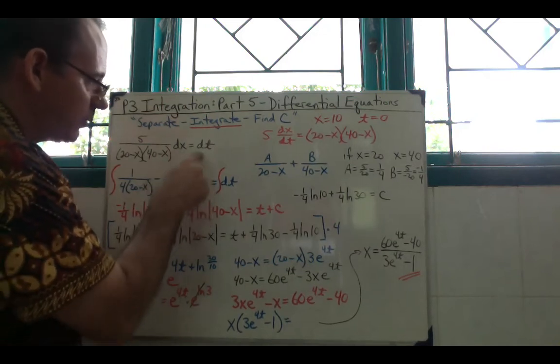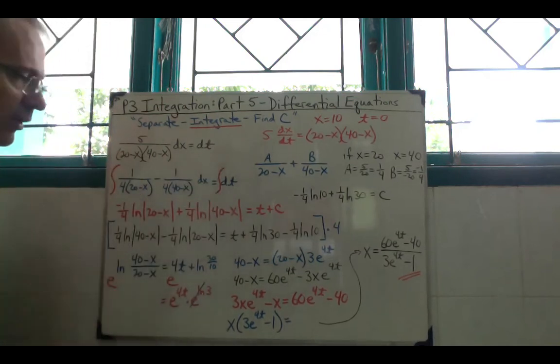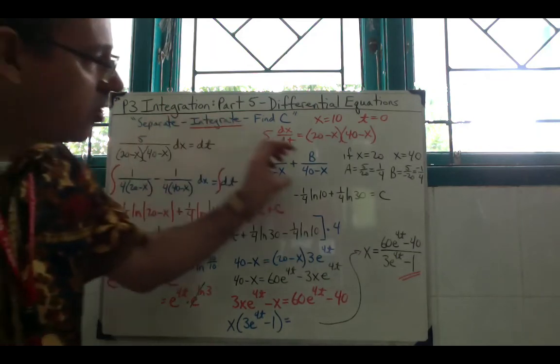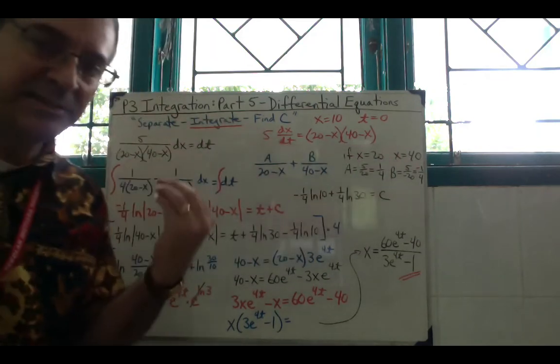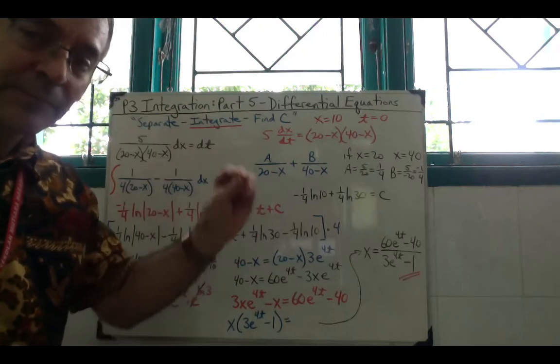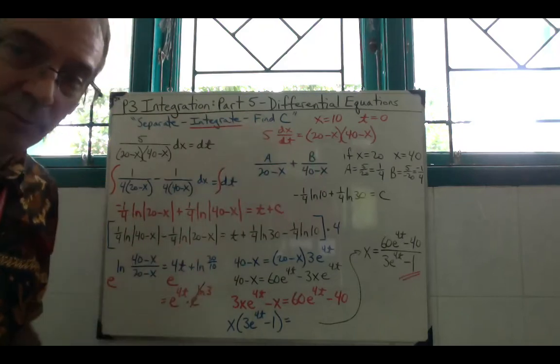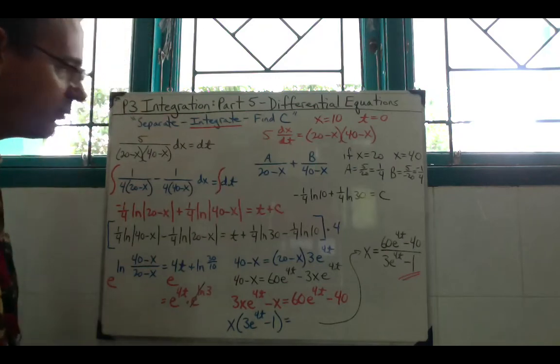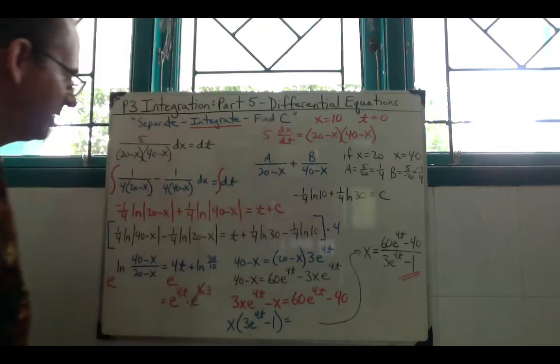dx equals dt, and this is now what we want to integrate. So all of this here was the simplify part of this integration. Simplify, integrate. Again, we don't have to evaluate because there are no bounds of integration, but we do need the plus c.